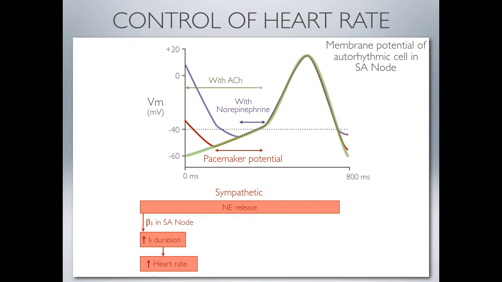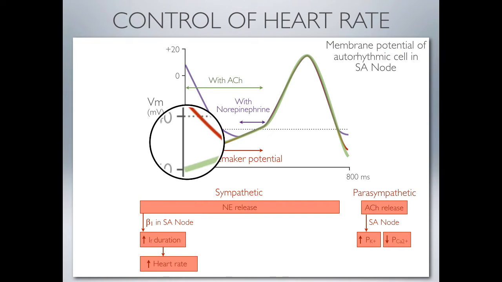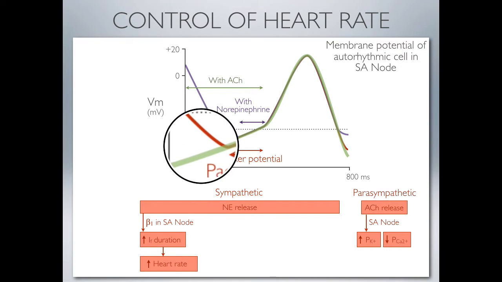Whereas the parasympathetic nervous system has the opposite effect, so we put that separate. That's an efferent pathway that is antagonistic to the sympathetic pathway. Through the SA node, we get an elevation of potassium permeability. We did not detail this, but we can see that it is more hyperpolarized.